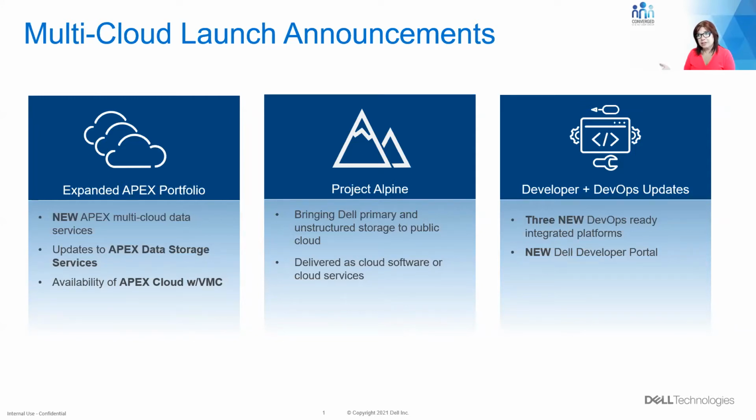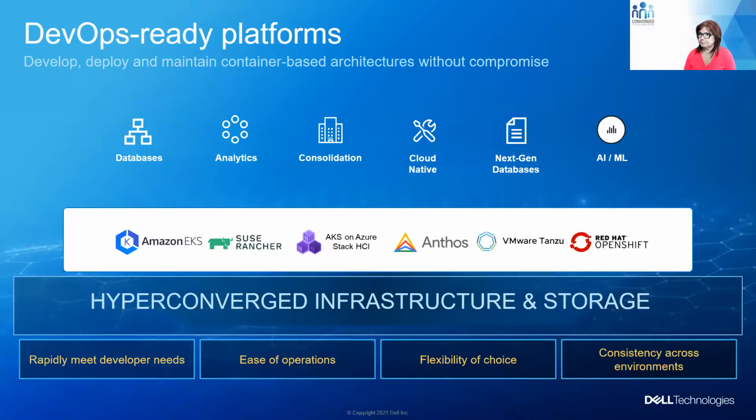What we're going to focus on today is a lot of the discussion that we had about enabling DevOps teams, or DevOps methodology, within customers' organizations. So the key announcement that we'd like to chat about today, if my slides will advance, is our DevOps ready platforms. Now, what are DevOps ready platforms?